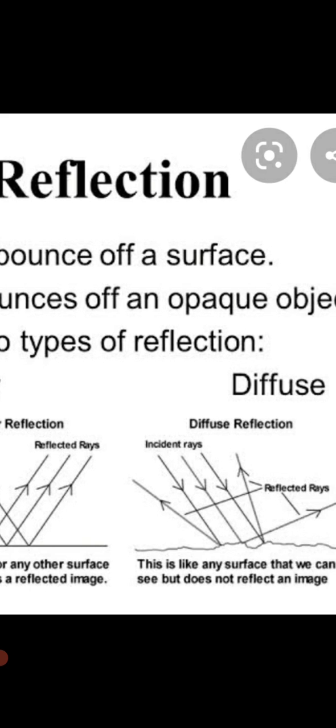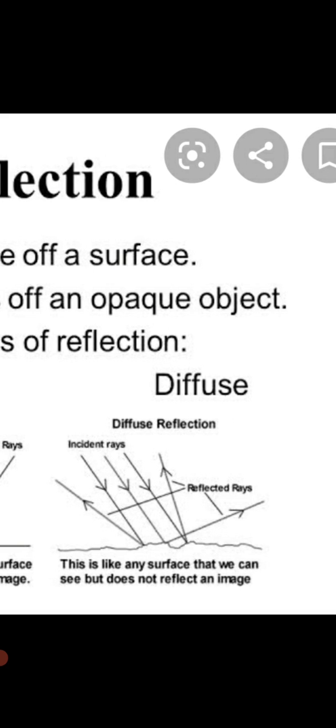Talking about the diffuse reflection, children, diffuse reflection is also called irregular reflection. The reason it is called irregular reflection is that the reflected rays are moving irregularly or in an uneven way, right? So it is a reflection from rough or irregular surfaces. The reflected rays move in various, different directions.